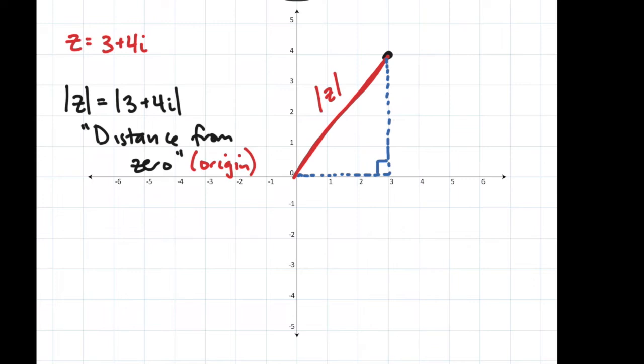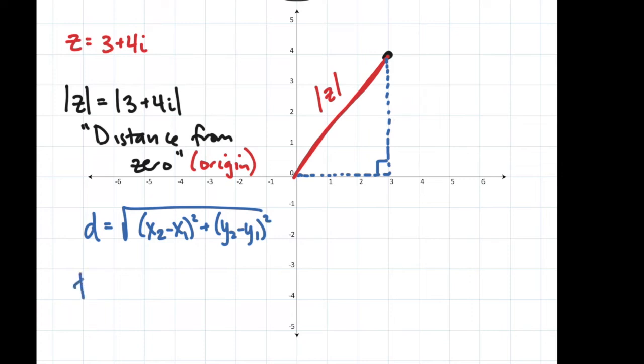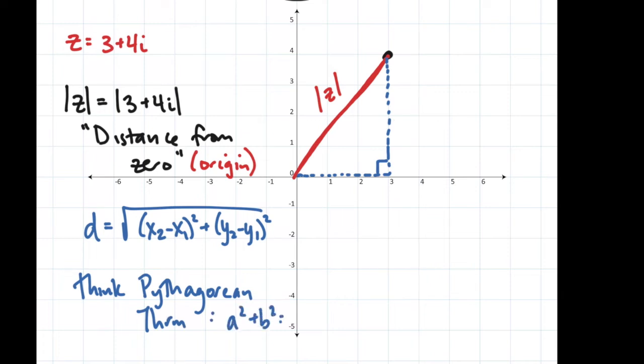And you could think of our distance formula, which is the square root of x2 minus x1 squared plus y2 minus y1 squared, which is almost the same thing as the Pythagorean theorem, a squared plus b squared equals c squared.